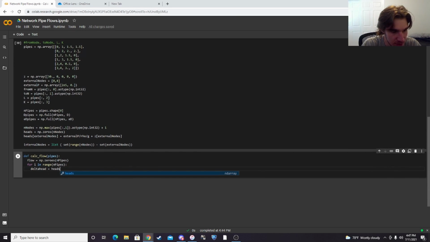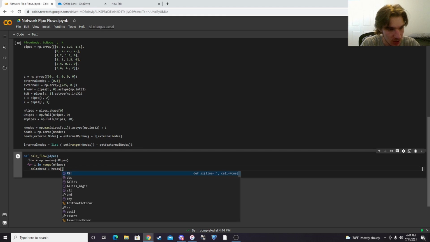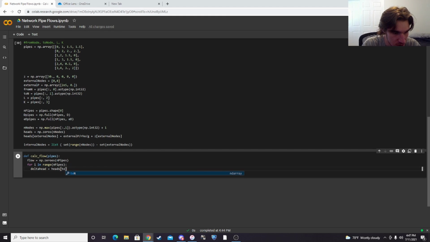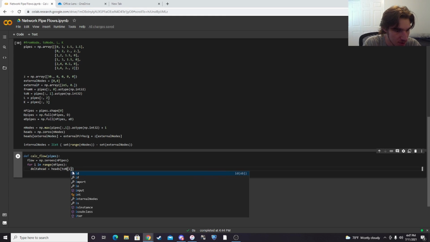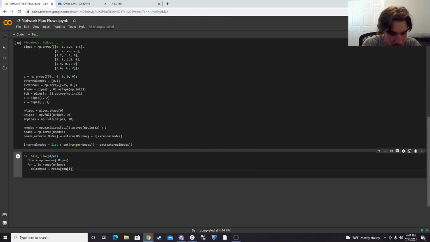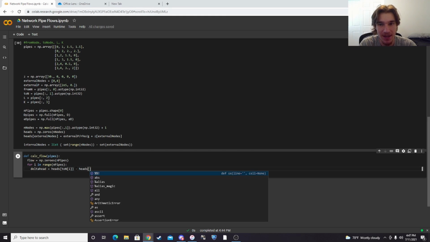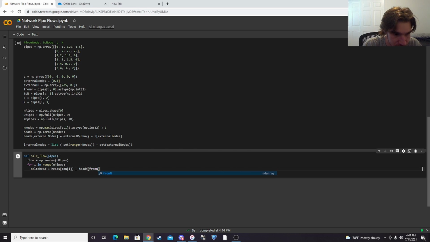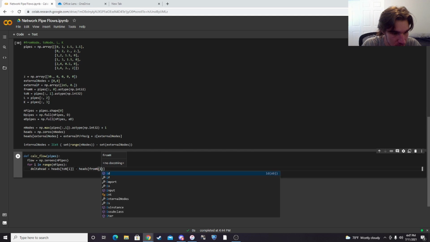Okay, and then we're going to be doing subtraction here. We're going to do from or to node minus the head of from node because it's final minus initial. This has to be brackets.